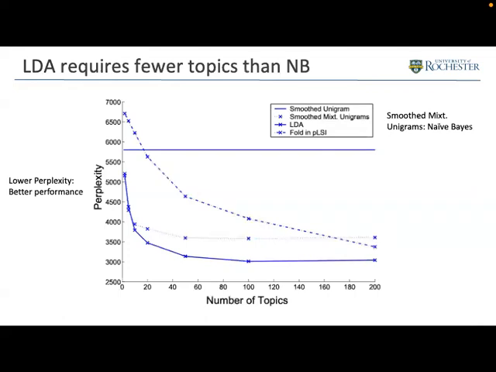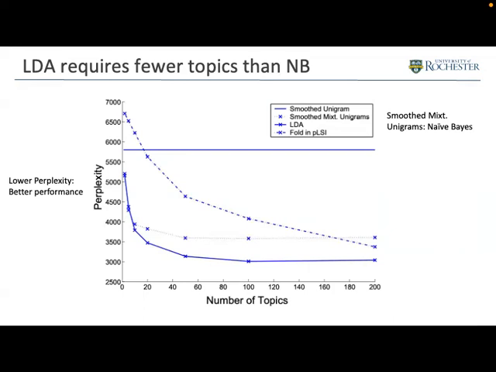And the interesting fact is that the LDA actually requires fewer topics than the naive Bayes. This is a comparison. We can find that if we have the smooth mixture unigram, the number of topics is like this with a perplexity.